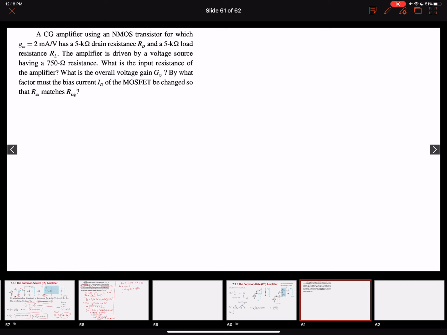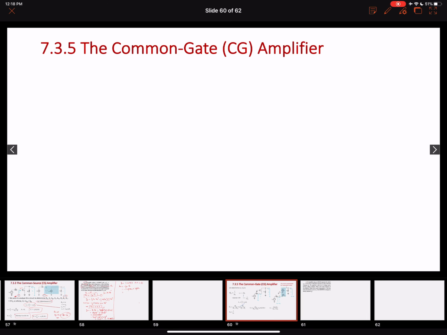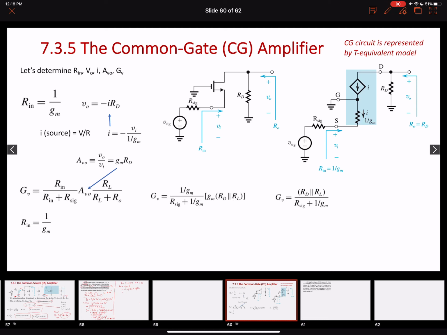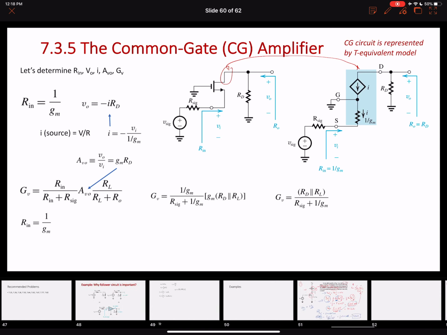Okay, now we have a common gate amplifier. Let's first very quickly look at the common gate amplifier. This was the common gate amplifier that we did in the last lecture as well, in which we connected the drain terminal to our other equivalent circuit models.